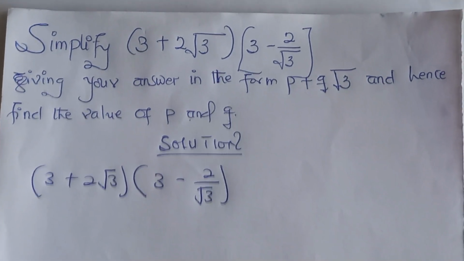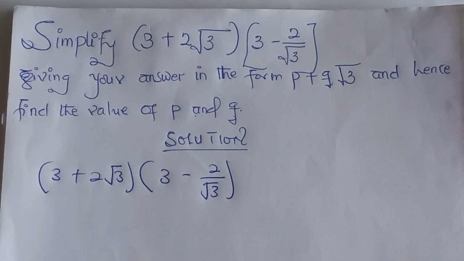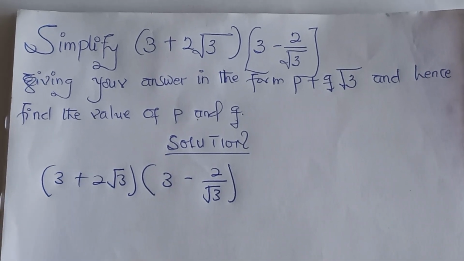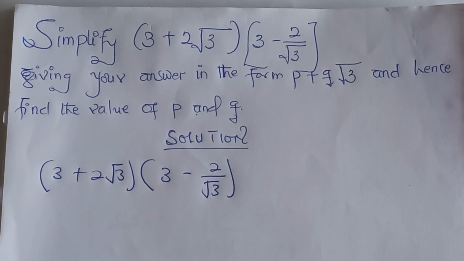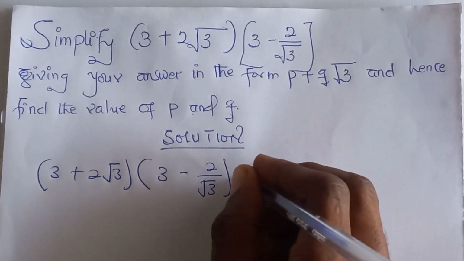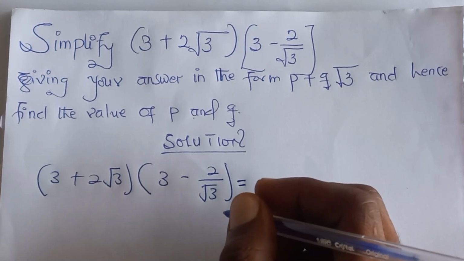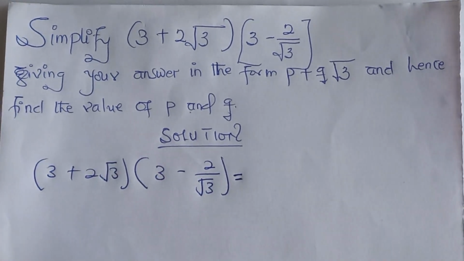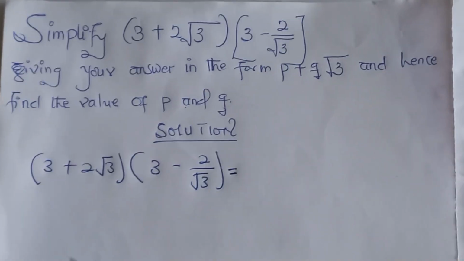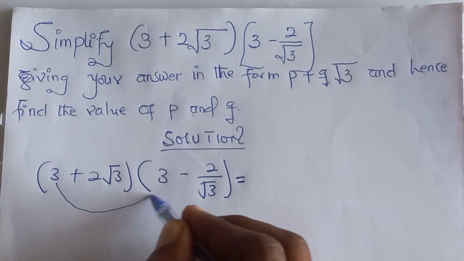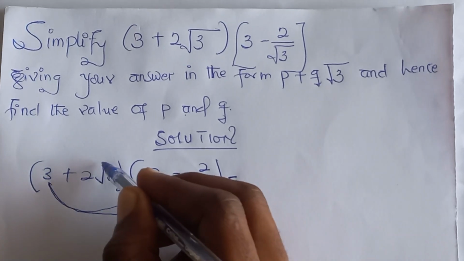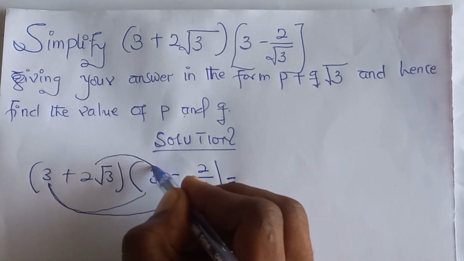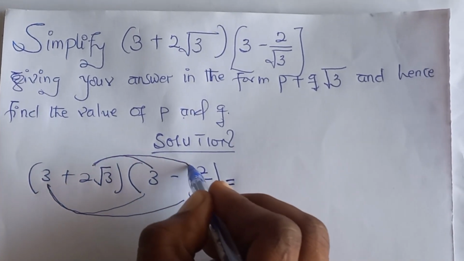Good. So first of all, what we need to do is to expand the brackets. We should expand and simplify this. So let us expand this first. This is a simple multiplication. The 3 will multiply this, and when we finish, then 2√3 will take the 3 and also multiply this.